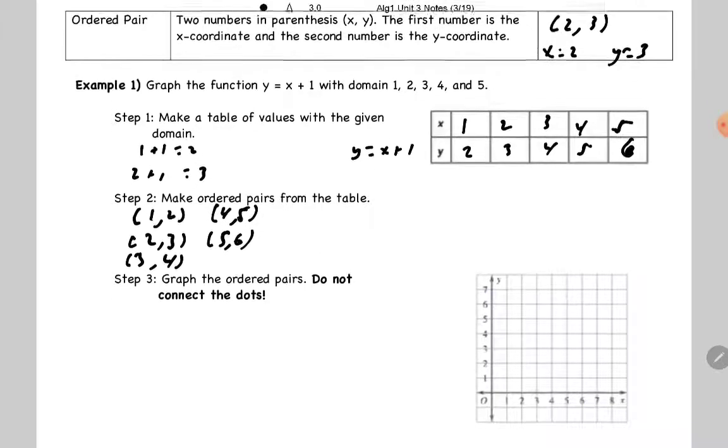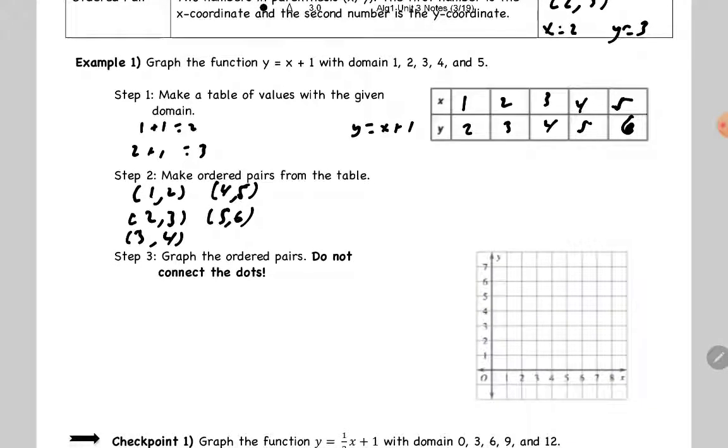So when we have a graph, hopefully you've seen this before, but we have an x-axis and a y-axis. The x-axis represents this horizontal line, and the y-axis is our vertical line.